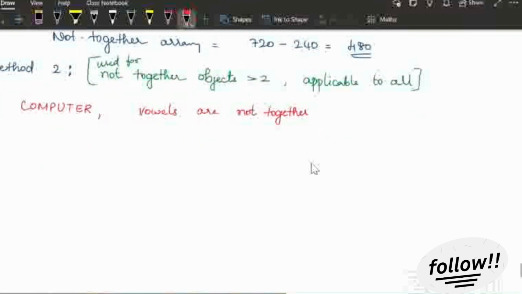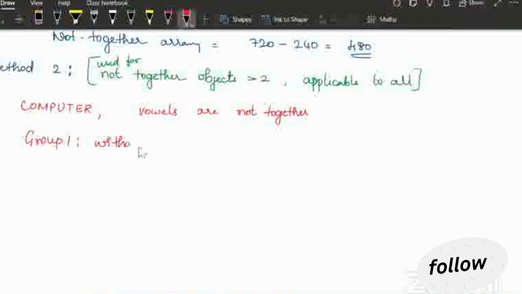Okay, so how to solve this? Now here, we divide the given letters into two groups. Group 1 is without restriction, meaning letters which do not have any restriction.